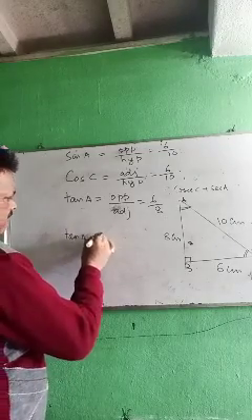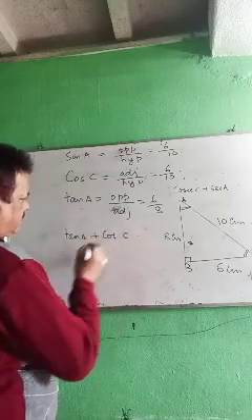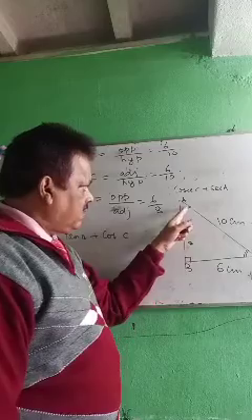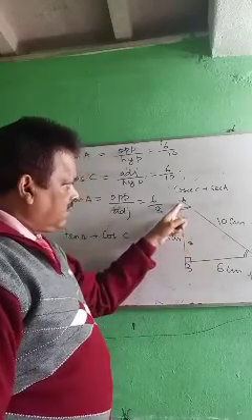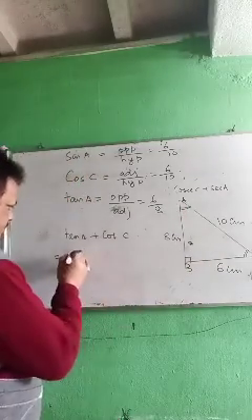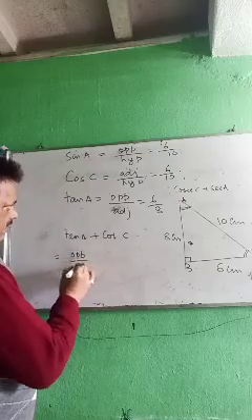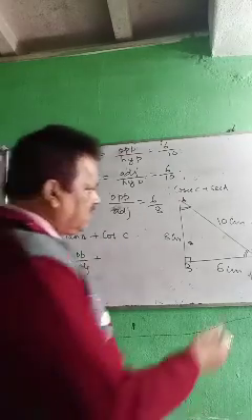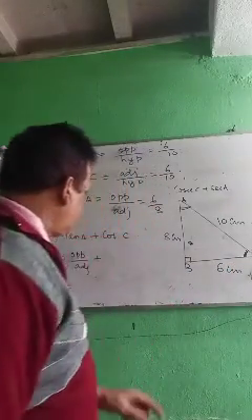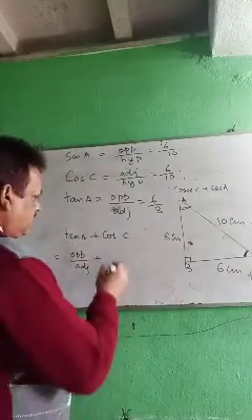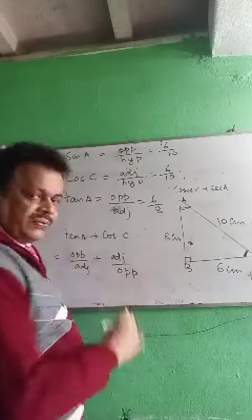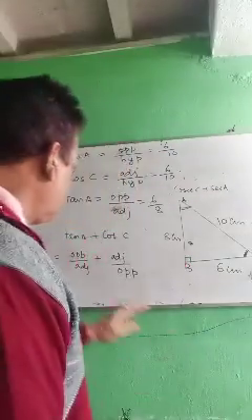Then tan A plus cot C. When you write tan A you have to write opposite by adjacent. For cot C, what is the formula of cot C? Adjacent by opposite. Here is a confusion, try to see now.